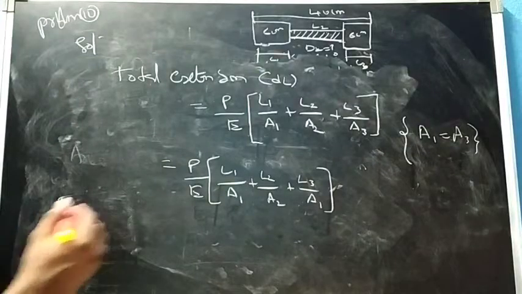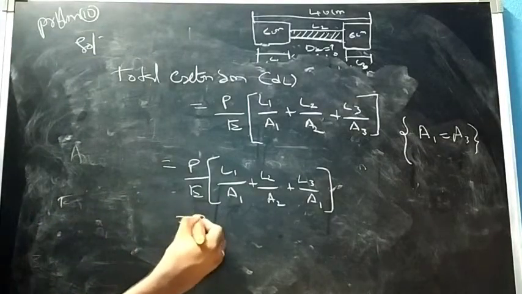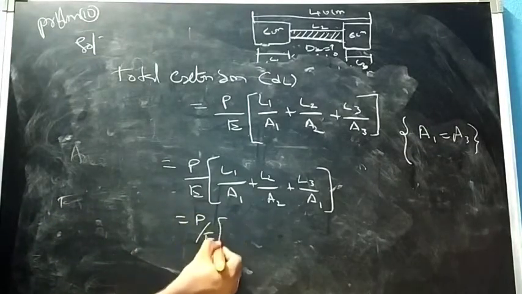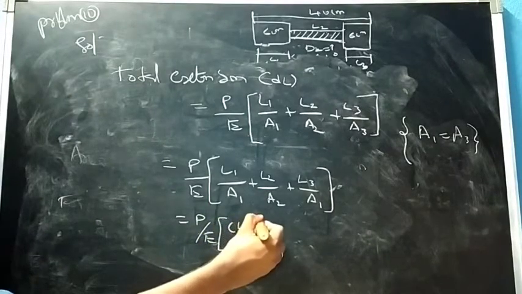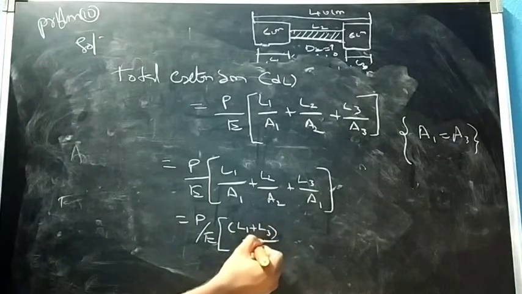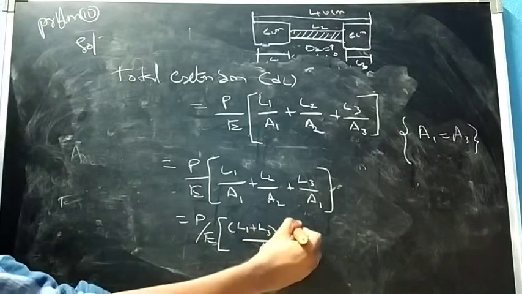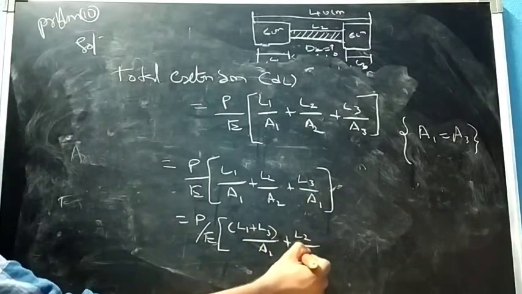So that will be P upon E into L1 plus L3 by A1 plus L2 by A2.